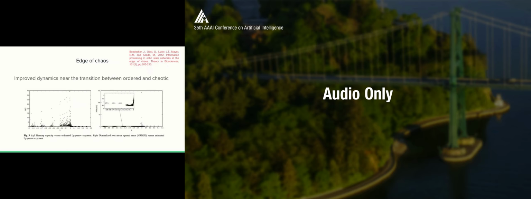So this is bad. And the edge of chaos is the transition between stable reservoir dynamics and unstable reservoir dynamics. And there is plenty of literature in this sense. You can find more in the book chapter. Here I show something from a nice paper, both theoretical and practical, in which, for instance, it is shown that short-term memorization capabilities of the reservoir have a peak in correspondence of the edge of chaos.